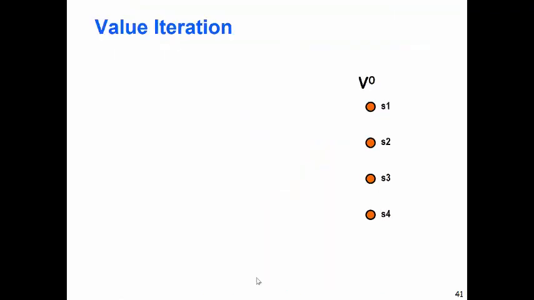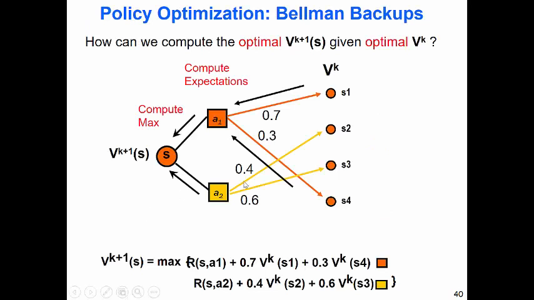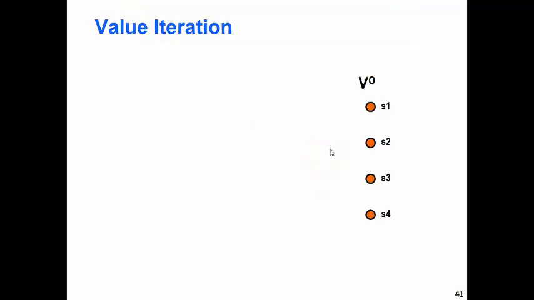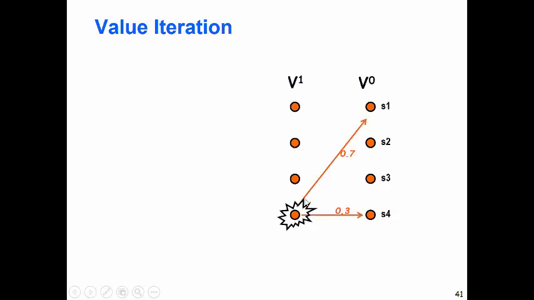So this line of reasoning with this Bellman backup immediately suggests an algorithm which is very similar to our policy evaluation algorithm. We're going to start off with V0, 0 time steps to live. All of these are going to be initialized to 0. Now with 1 time step to live, we can consider one of the actions. Here the orange action reaches these states and has this value.